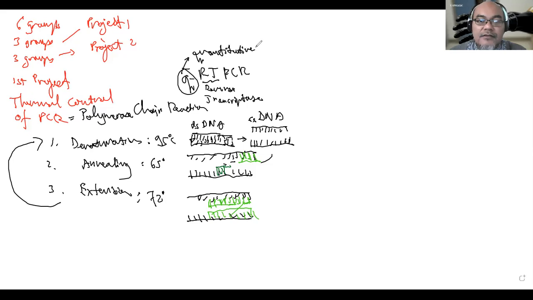So why is it called quantitative? Because one of the primers, either the beginning or the end primer, is conjugated with a fluorescence probe. For example, here it is conjugated with a fluorescence probe.